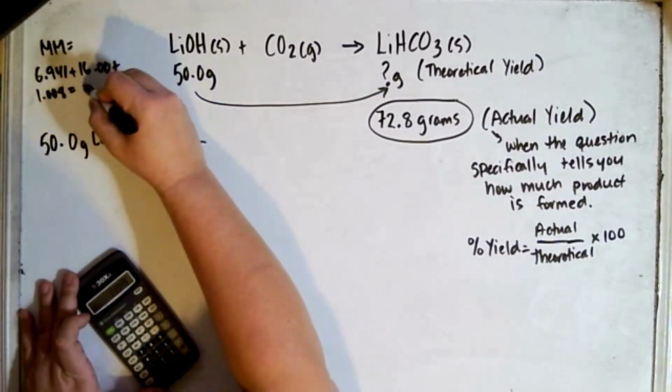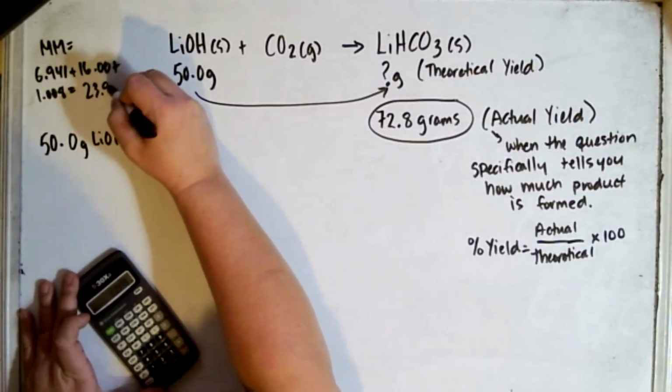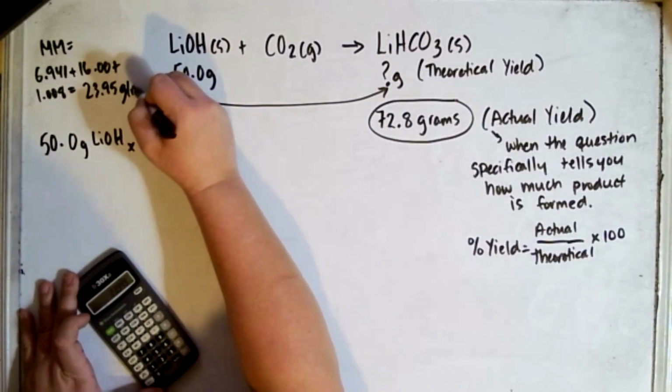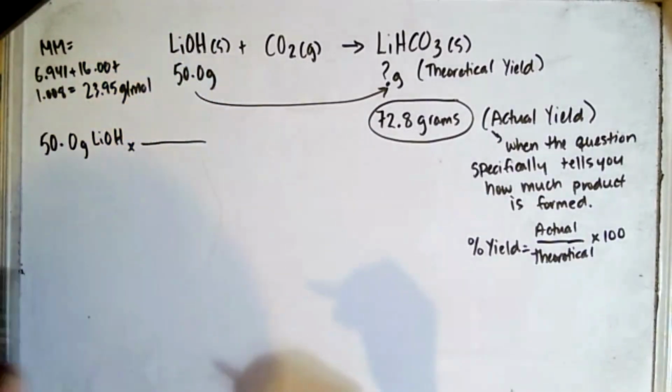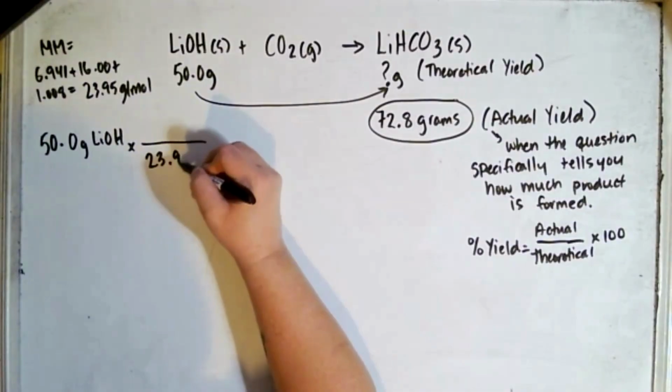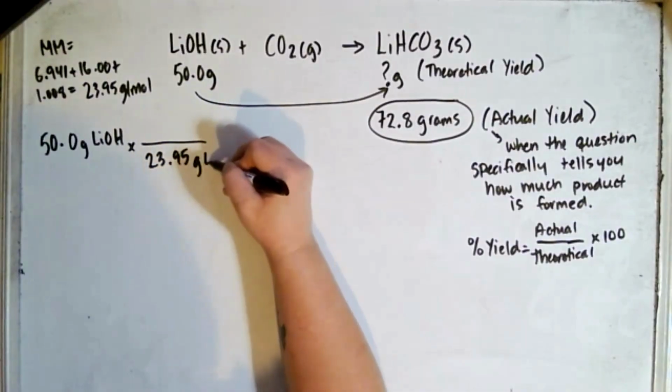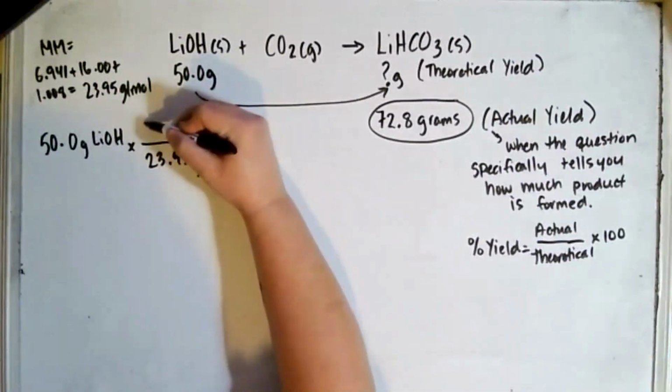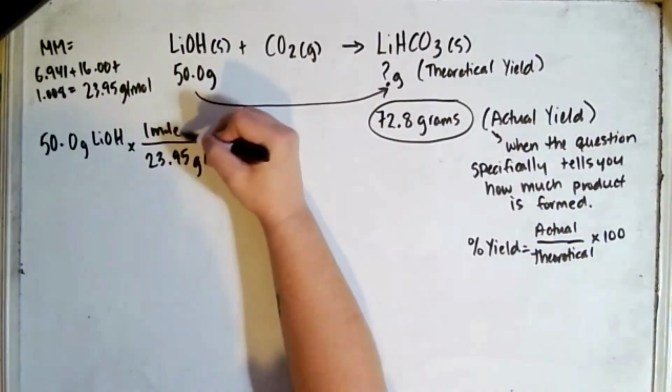So that's going to be 23.95 grams per mole. Okay, so if I have 50 grams of lithium hydroxide, every 23.95 grams is going to be 1 mole.